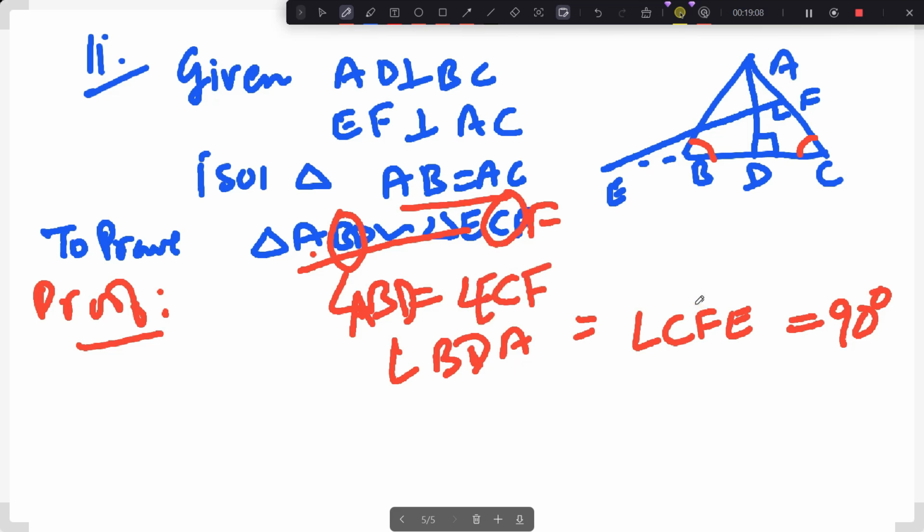Angle ADB is equal to angle EFC, 90. I mean, obviously it means this is equal to this, right? Anyways, so by the AA triangle property itself, we are able to prove it. Let's move on to another question.